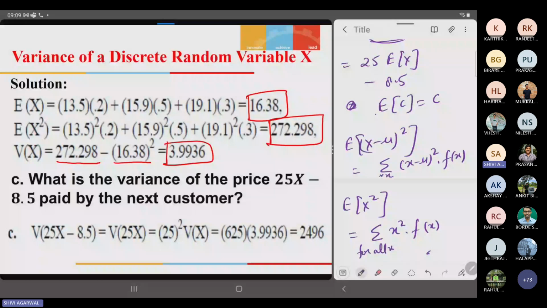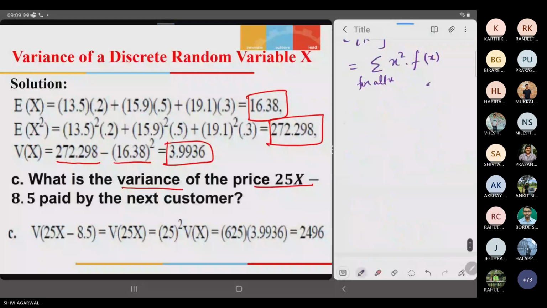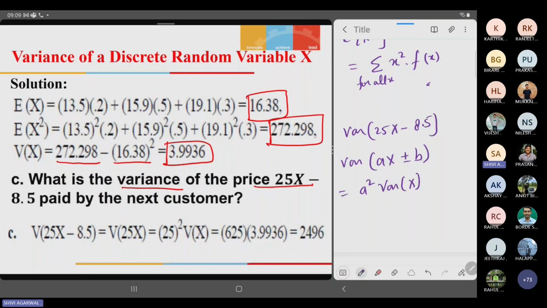Now the question is the same here. What is the variance of the price paid, that is 25x minus 8.5? So in this one, the rule is that the variance of ax plus b is a square times the variance of x only, because b is a constant and there is no variation in a constant.